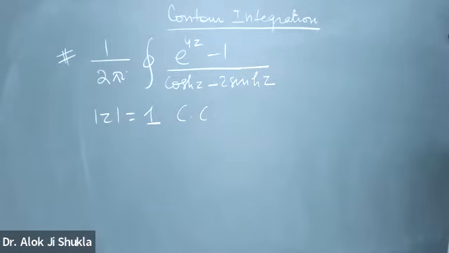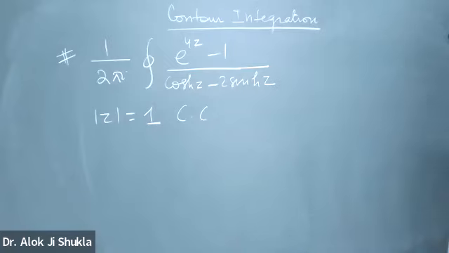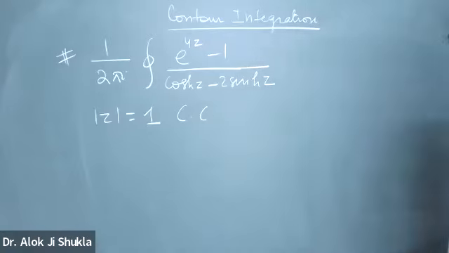So please understand, as soon as you see lots of hyperbolics in the numerator and denominator and exponential functions, we can't write an infinite Laurent series for this. This is not a simple pole.